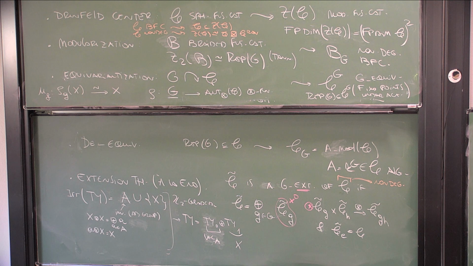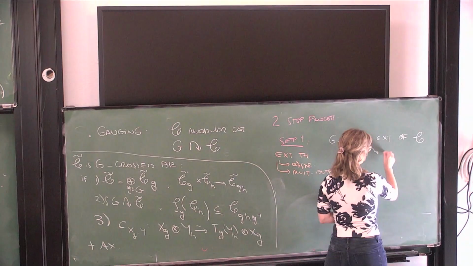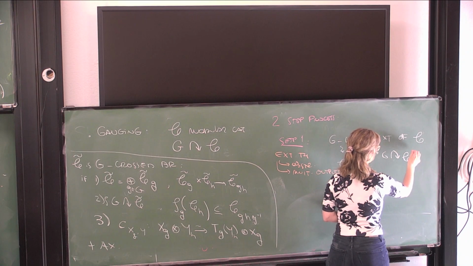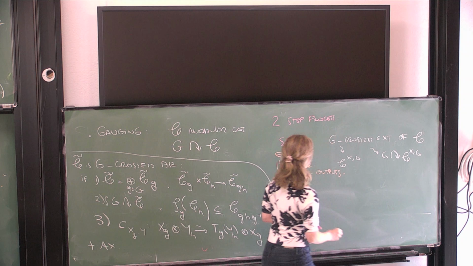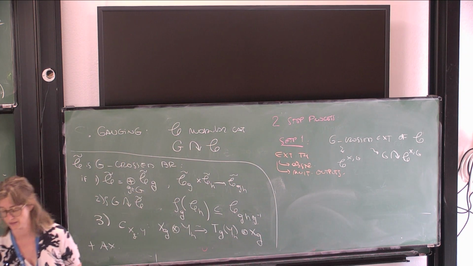So, obstructions, we cannot always gauge, and in principle, multiple outputs. I pick one of them, and then I go to step 2. The good thing is that the output is this G-crossed thing. So I have, in particular, a G action on this C^×_G, in the output.